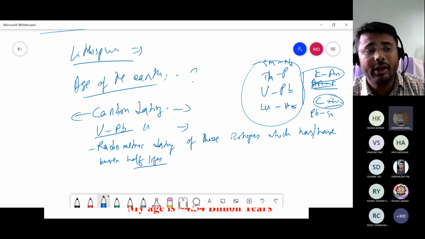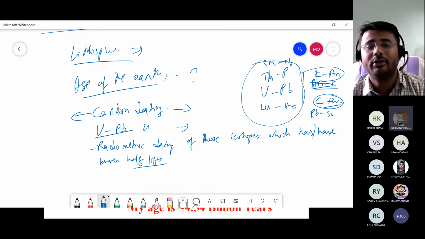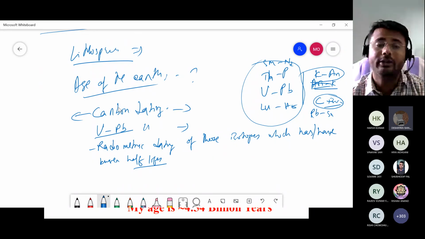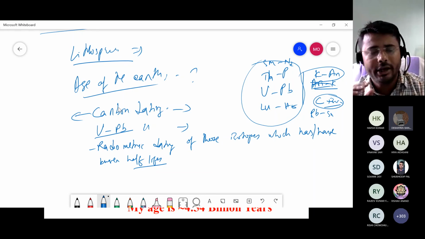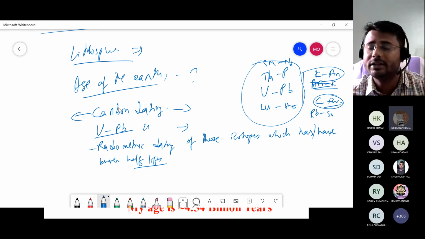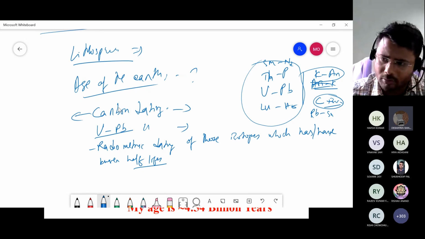So carbon dating is a method used to understand the age of a living body. And if you go by the history of our planet, living beings came a lot later than the origin of the planet.